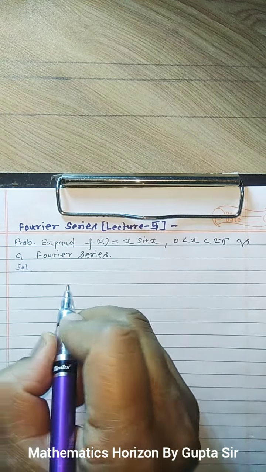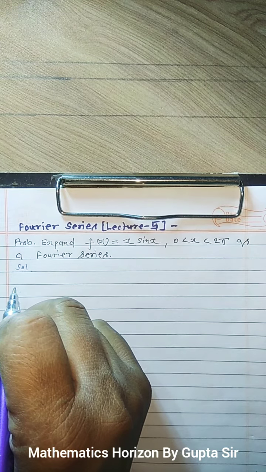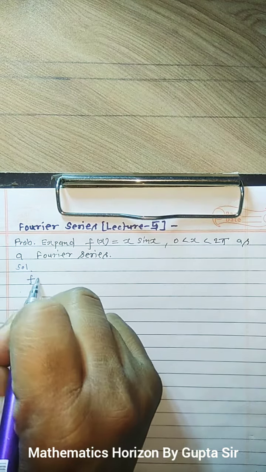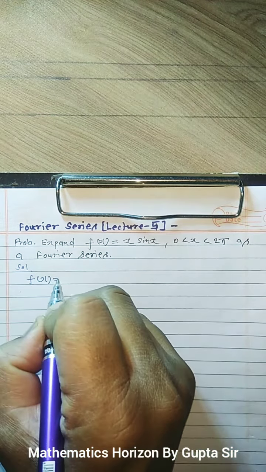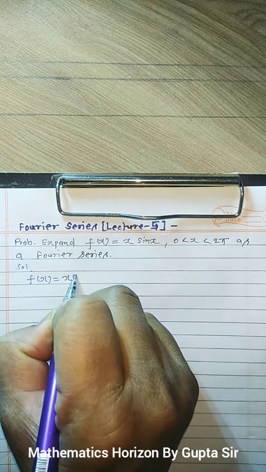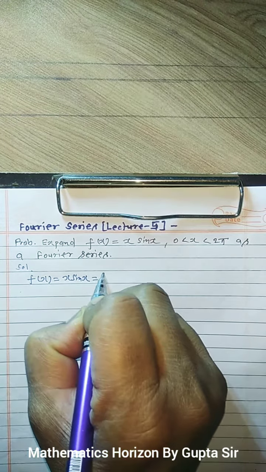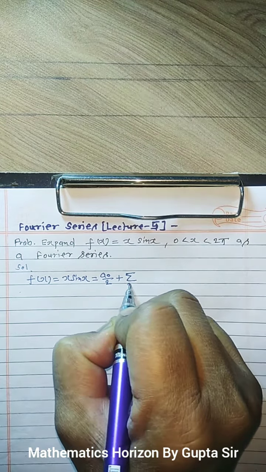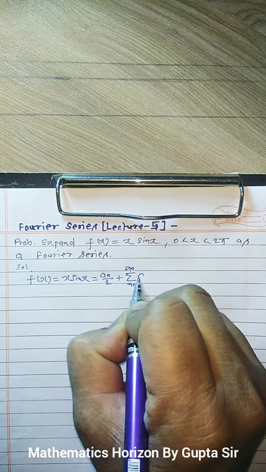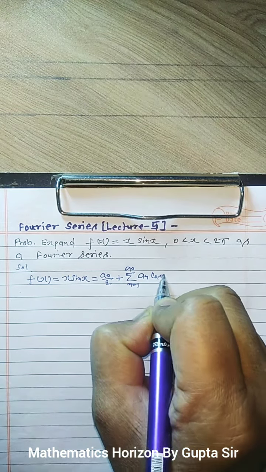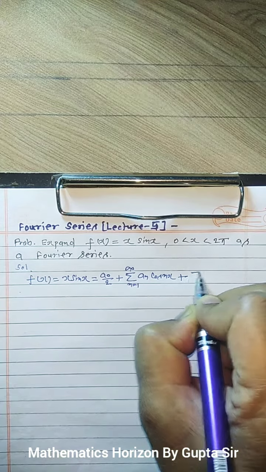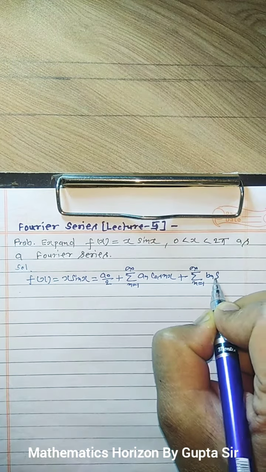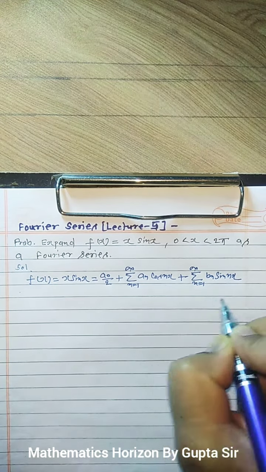We know that by the Fourier series, f(x) equal to x sin x is equal to a0 by 2 plus summation n equal to 1 to infinity an cos nx plus summation n equal to 1 to infinity bn sin nx.